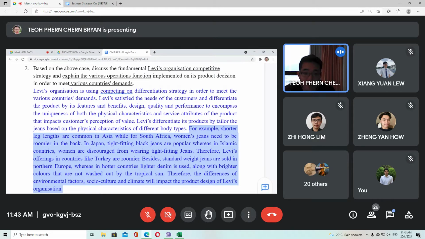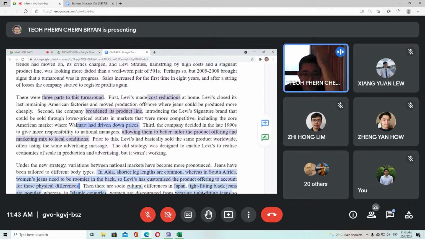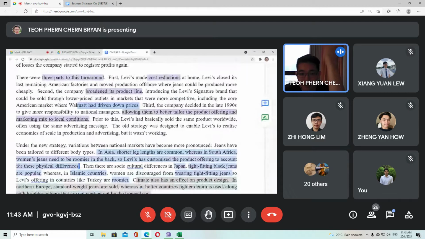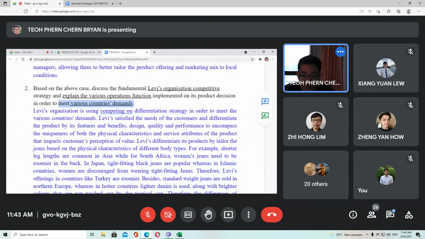If you want to say cost leadership, cannot. Even though in the case they say drive down prices, then they go and sell in Walmart, right? But the question asks to meet various countries' demand, so your low cost strategy doesn't work here. Only the differentiation strategy and the response strategy can be accepted.